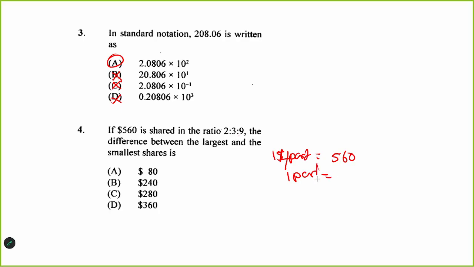So if the amount is 560, then 560 divided by 14, and you want the difference between the largest, which is 9, and 2, which is 7 parts. 7 parts would be 560 divided by 14 multiplied by 7. 2 into this is 280. So C is your answer.